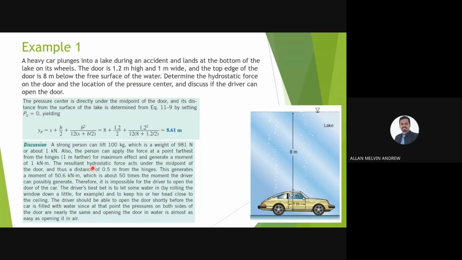Assume a strong person can lift 100 kilograms, which is a weight of 981 newtons, about 1 kilonewton.